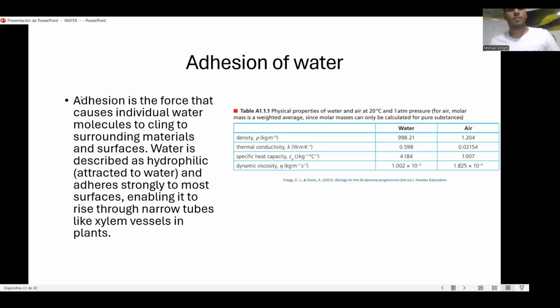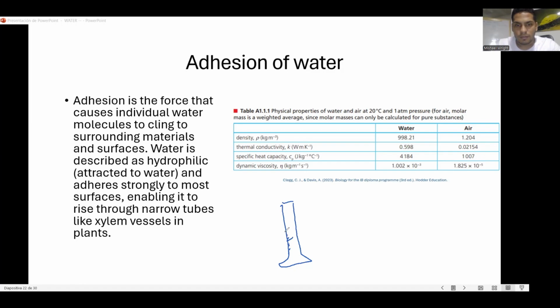Okay, so here we have the adhesion of water. Adhesion is a force that causes individual water molecules to cling to the surrounding material. I'm going to give you an example. Here I have a cylinder, right?